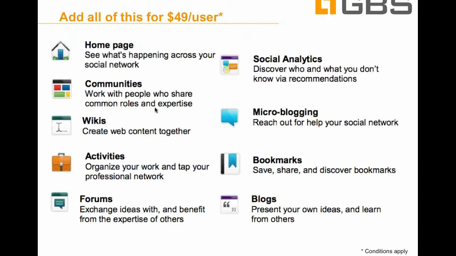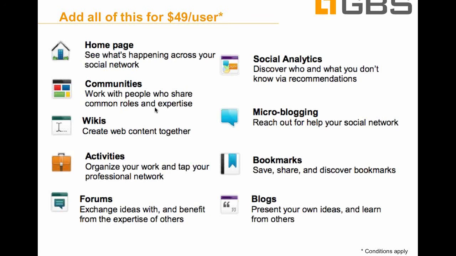But having said all that, Connections is about a lot more than just files and profiles, as most social networks are. So these are just a few of the other features. You have a home page that allows you to create your own personal portal of information pulled from the various modules within Connections. You have communities and wikis where people can collaborate and share files with each other in the context of a certain topic or business unit or division.